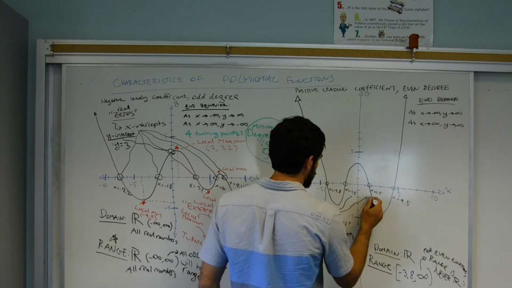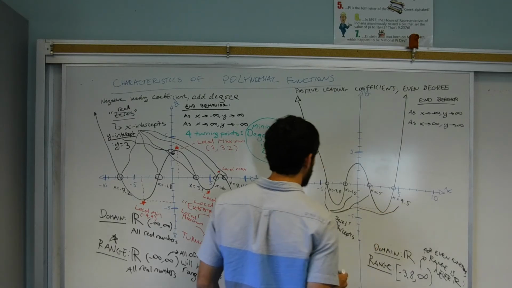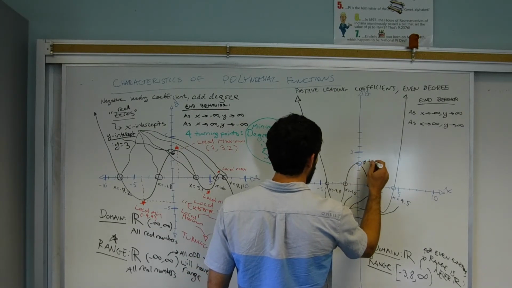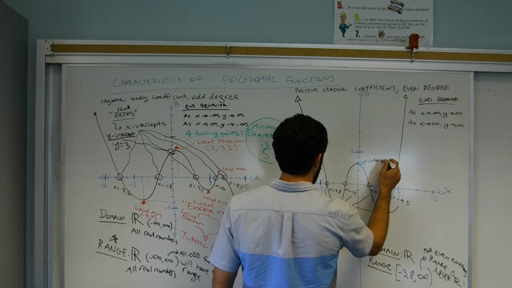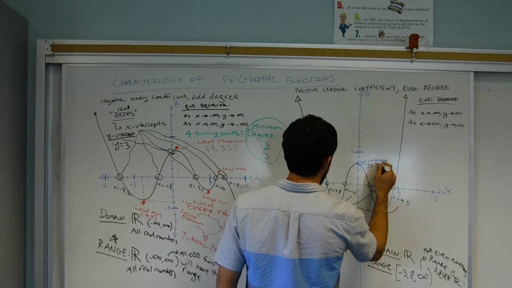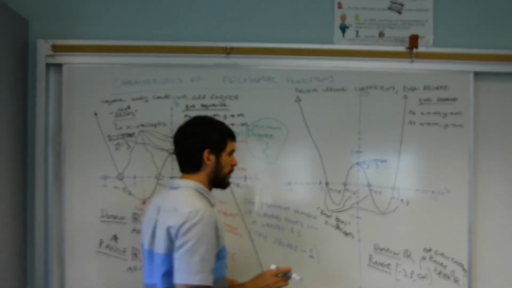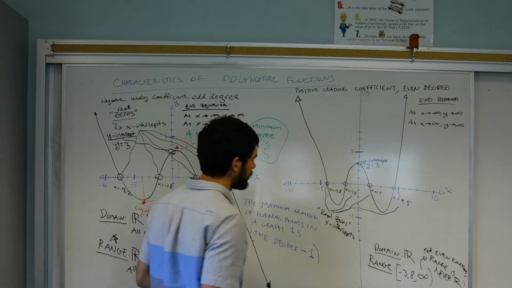These would all be our x-intercepts. Our y-intercept would be at y is equal to positive 3. And again, there's only one y-intercept, but we have multiple x-intercepts.